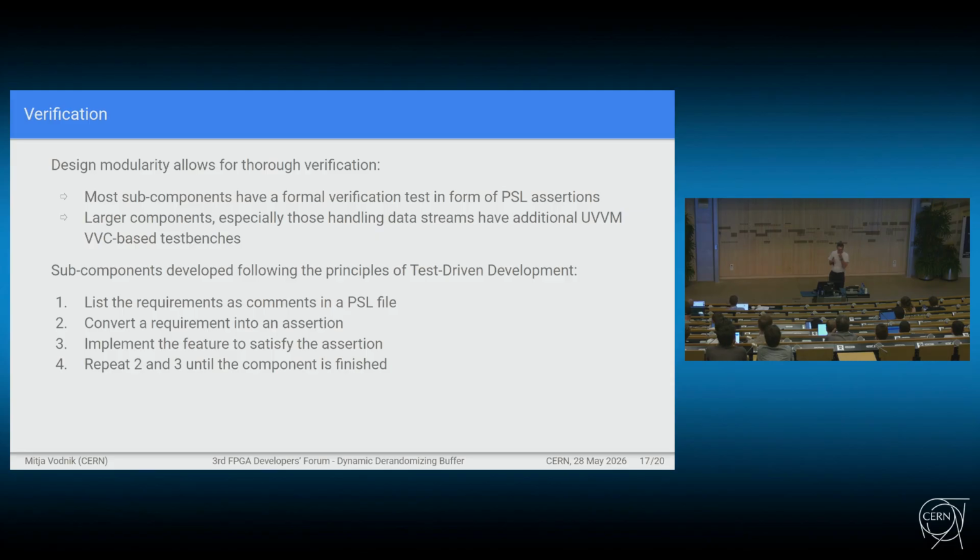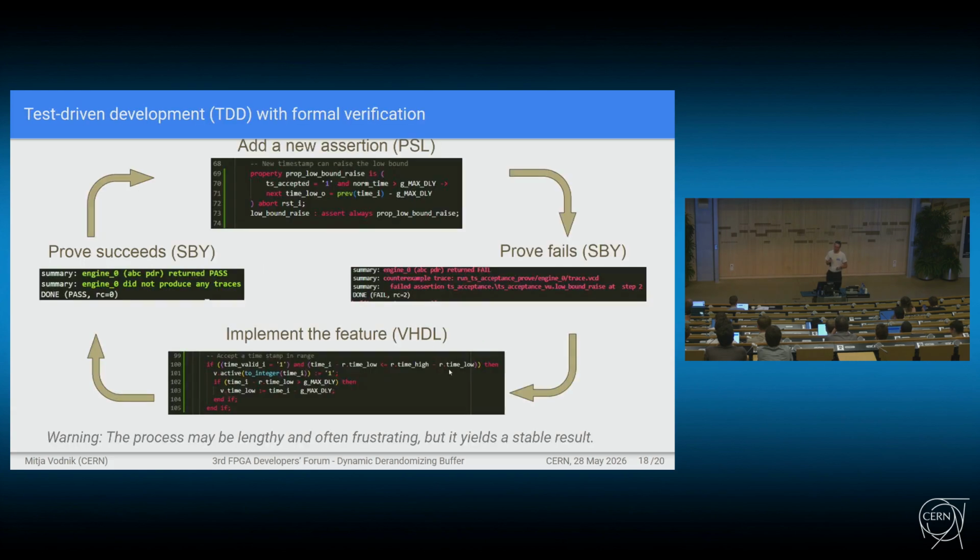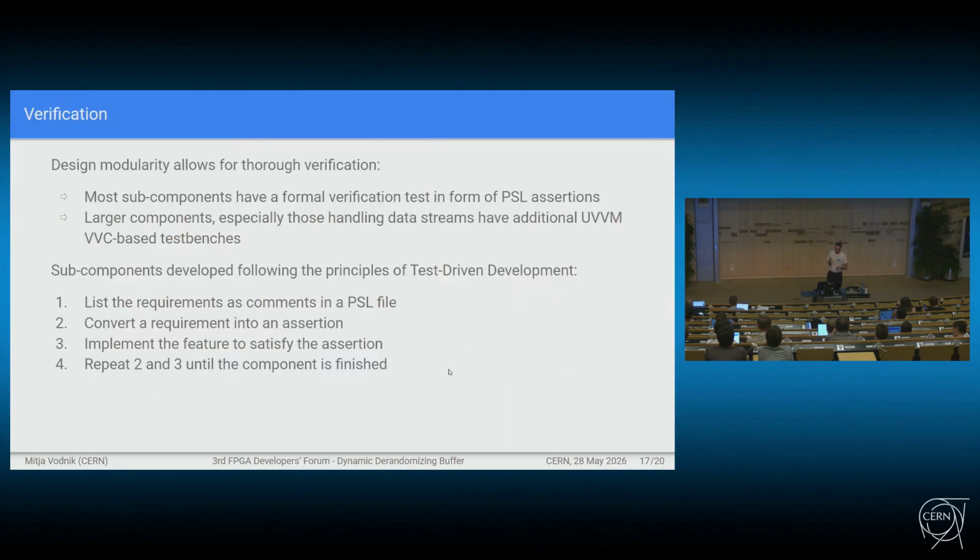On this project, I've tried to do test-driven development with formal verification. So first define all the requirements for the design in a PSL file, and then start converting it to assertions and implement the features as I go.